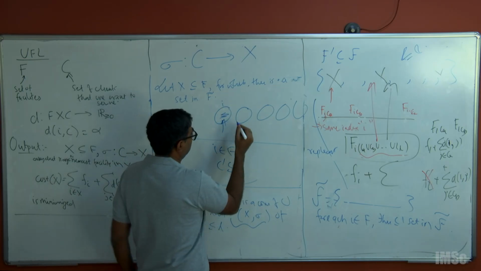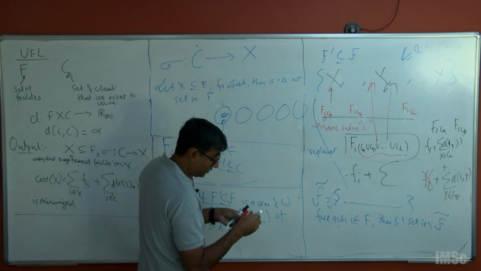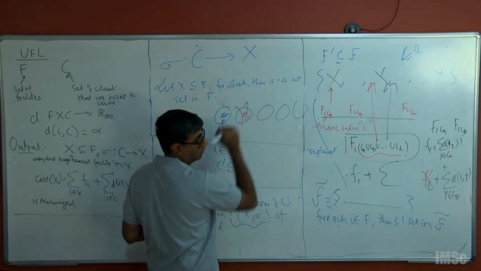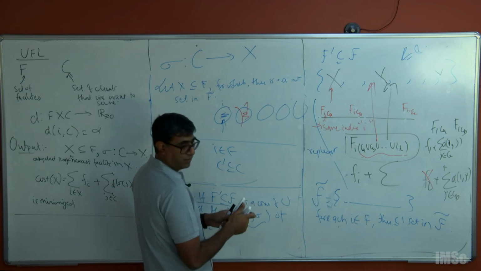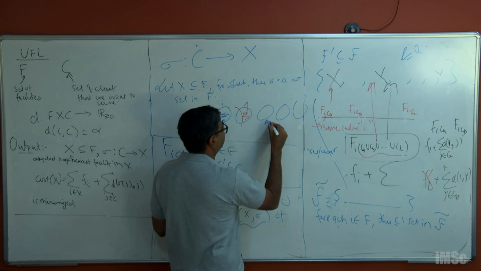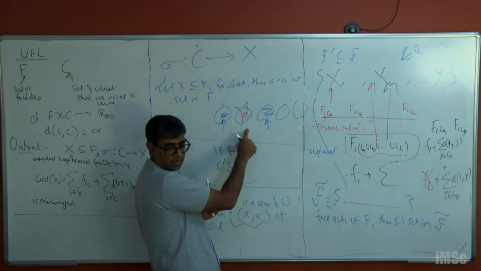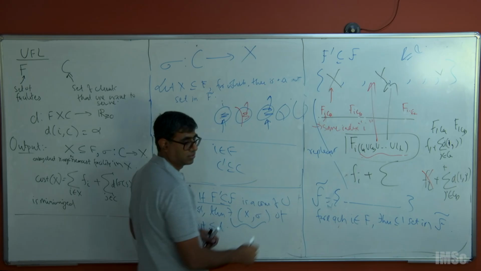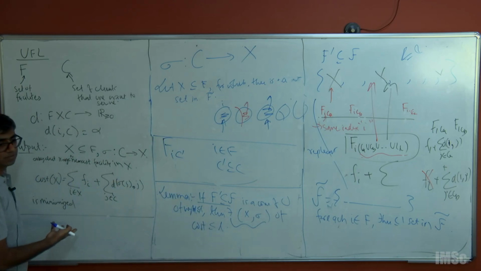Next, those who are still left to be covered, you give to that set. So at any point of time, when you reach a particular set, you only assign those elements which are not already assigned, so that it becomes a partition. Now, what is the property of this? The cost is going to be less than or equal to the cost of the sets, and then you are done.